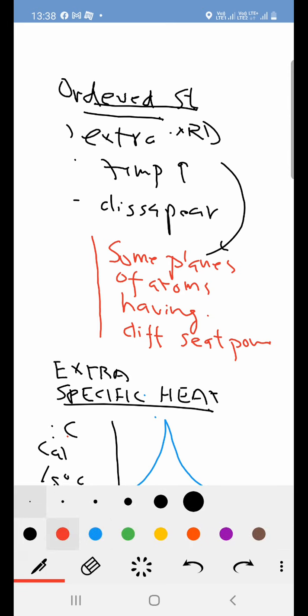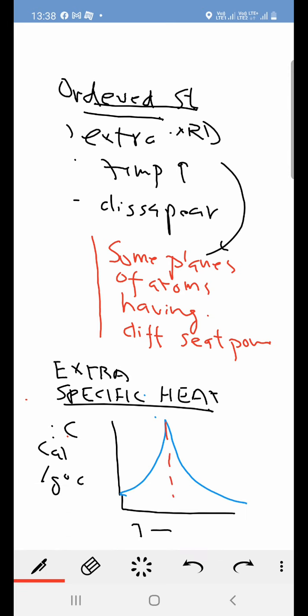Now this temperature is the Tc, or the critical temperature. Initially the specific heat rises, and after the critical temperature the specific heat falls down. That means that disorder has been introduced into the system, or there is a rapid fall in the order in the system.